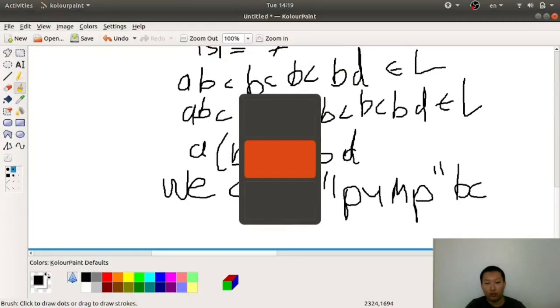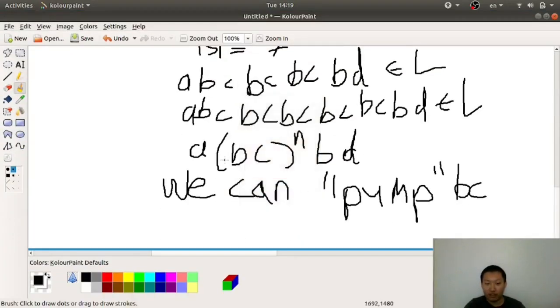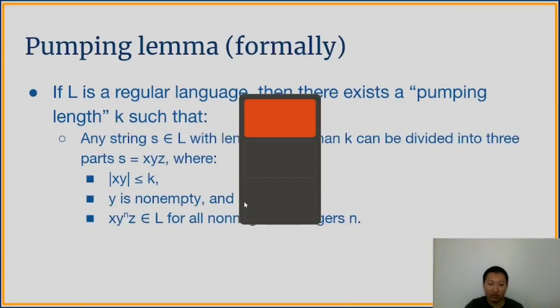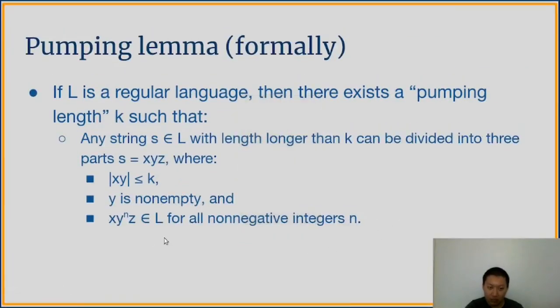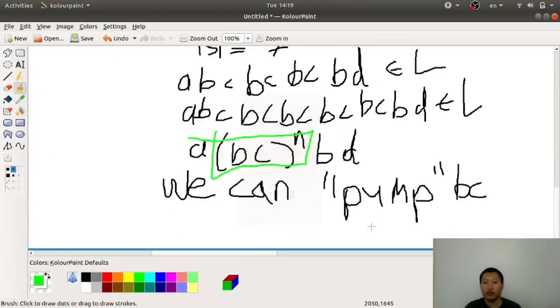The important part is that we can pump the middle part as many times as we want. So I wrote x, y to the n, z is in L for all non-negative integers n. We can pump this middle part as much as we want.